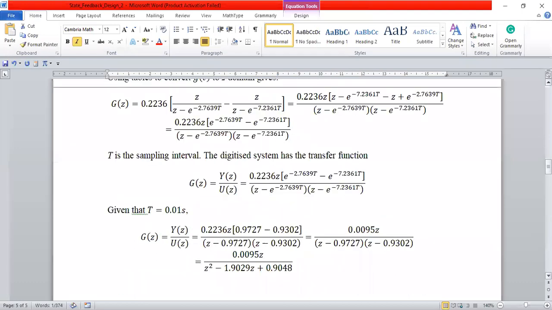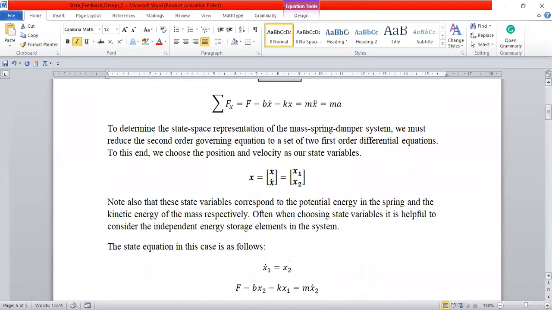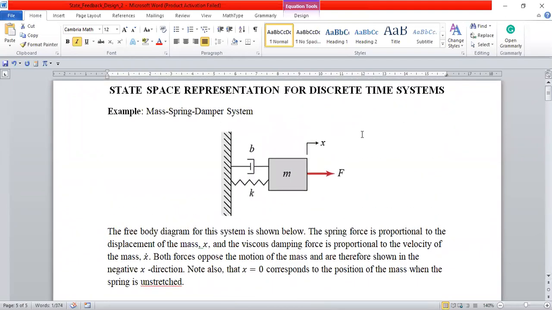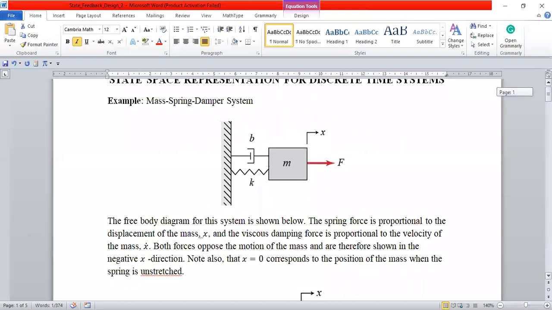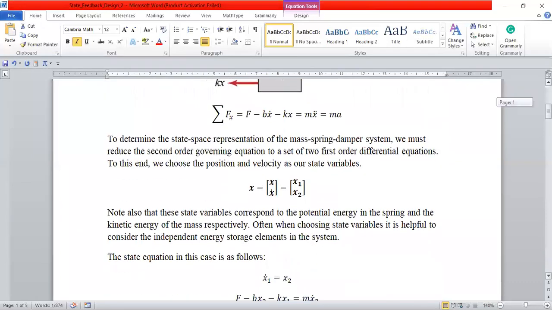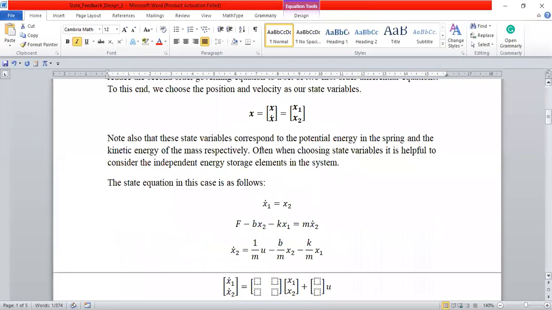I'm using a practical example to represent, starting from the first principles of modeling, how you are able to convert the system. You should be able to represent the system in discrete time domain in state space form. So this is what we're doing.